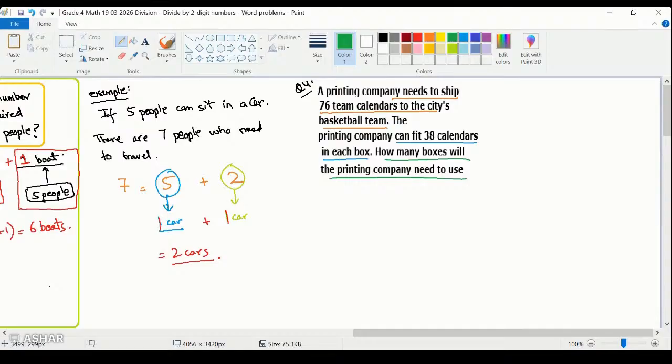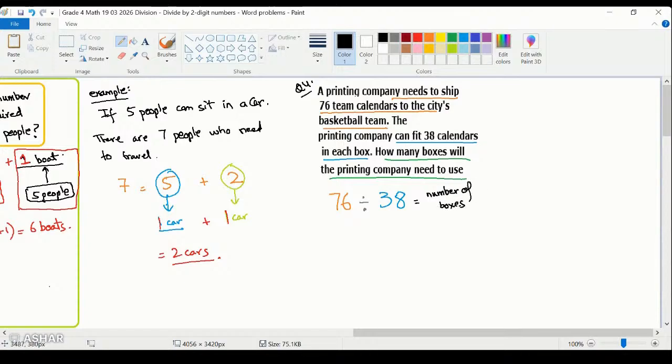Thank you, Carrie. So we can say 76 calendars are to be put in a box that has 38 calendars in it, and we would find the number of boxes.